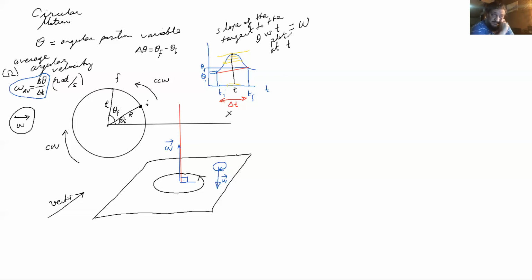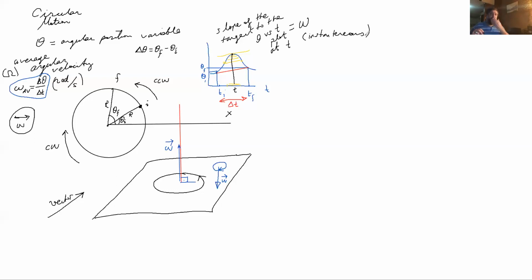All right. So we have the average angular velocity, we have the instantaneous angular velocity. And that's it. That's angular velocity.